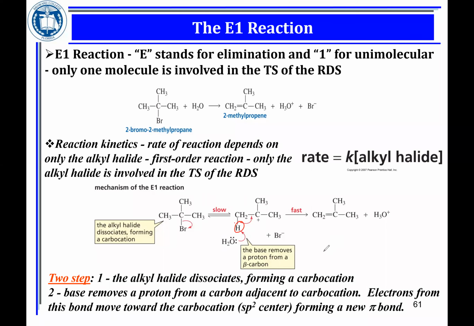So the rate for this reaction is going to depend only on the concentration of alkyl halide, not the concentration of base. The reaction is a two-step reaction, with formation of a carbocation as an intermediate.